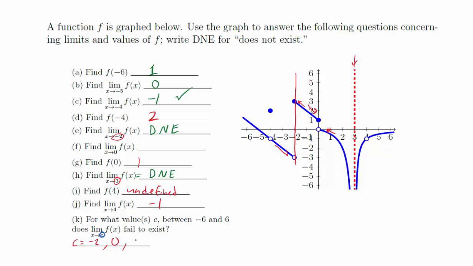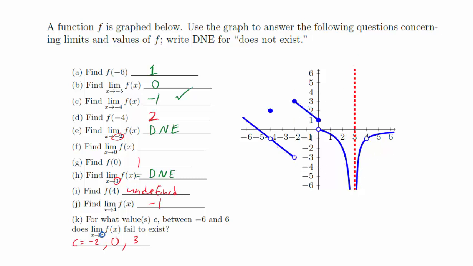Finally, we said at x equals 3, or c equals 3, as we approach 3 from below and from above, we get negative infinity, which is not an actual number. So it does not exist. And we say that the limit exists at every other point for this function.